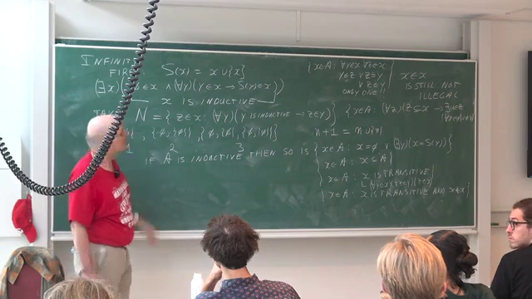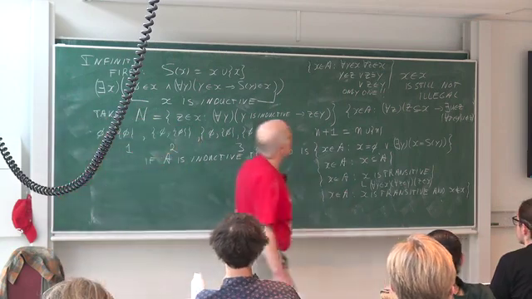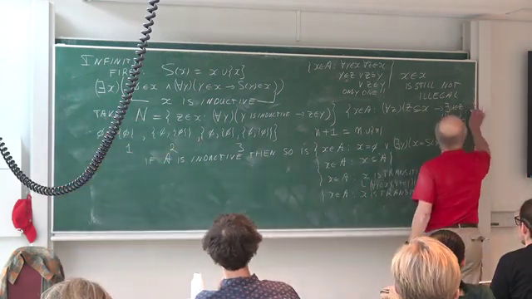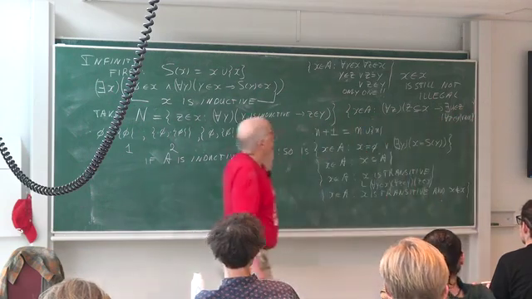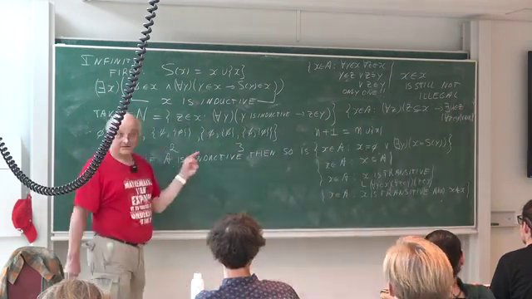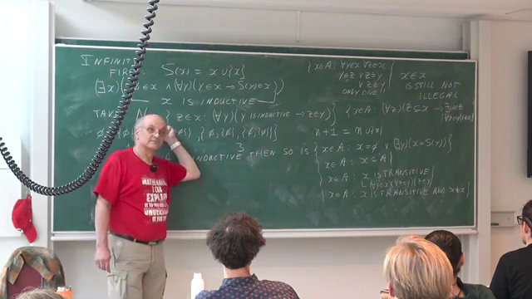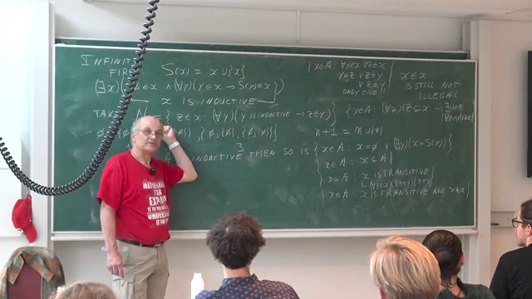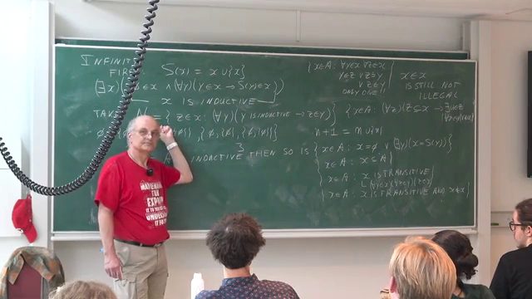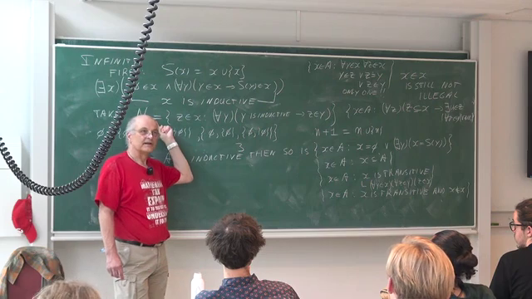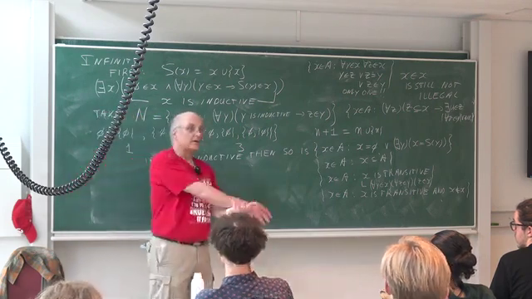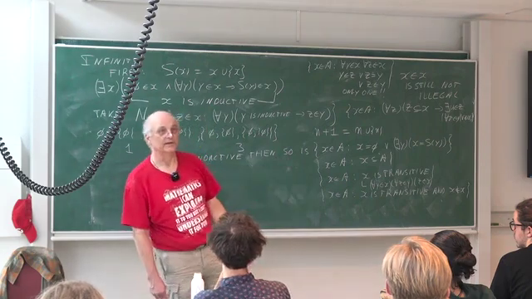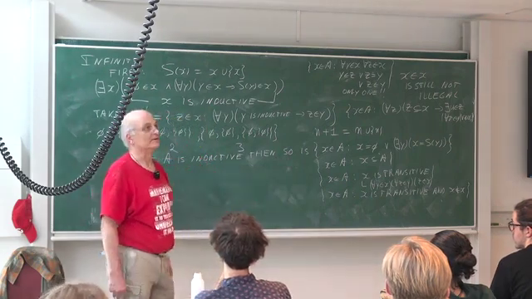Don't you mean V is not included in U? You're right. Thanks. And from that, you can prove that this order is a well order of the natural numbers. Take a non-empty subset of N, take a member of it, and look below it to look for the minimum of your set.